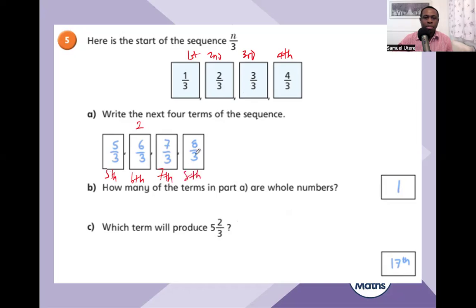So notice the pattern. The term number is what is in the numerator. So let's convert this and see what it gives us. 5 times 3 is 15, so we're converting it to a top-heavy fraction. 5 times 3 is 15, plus 2, which is 17/3. So the 17th term should give us this number.